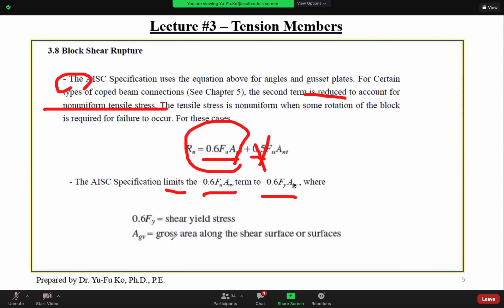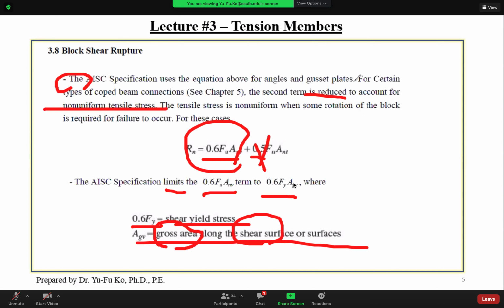What is AGV? It is the gross area along the shear surfaces, and 0.6 Fy is the shear yield stress.